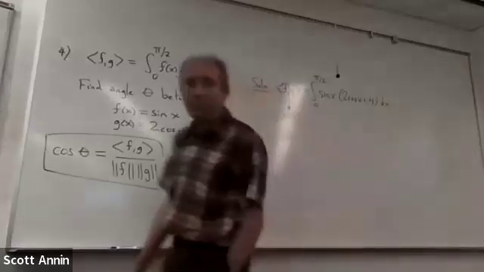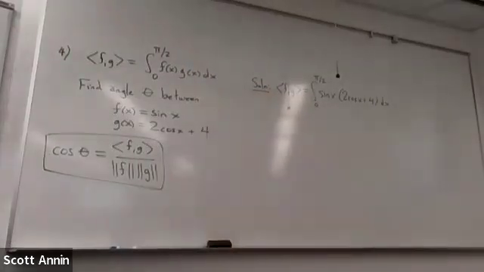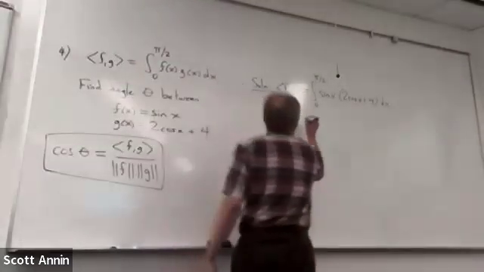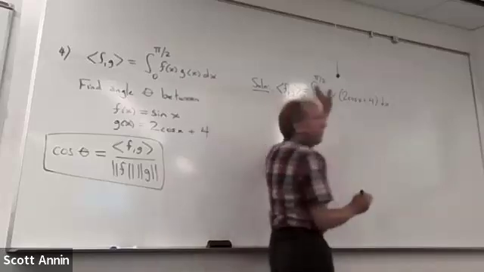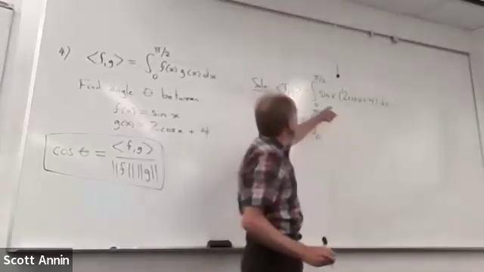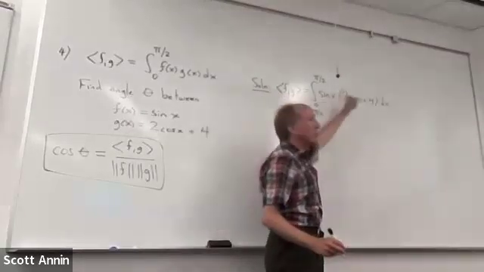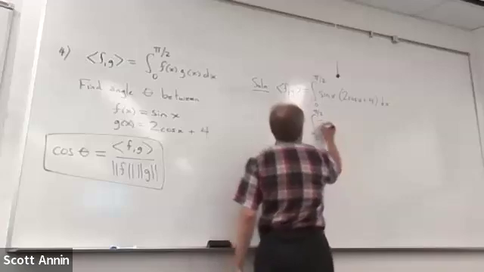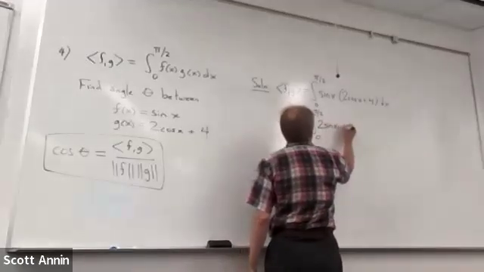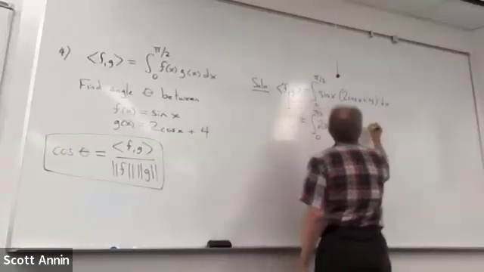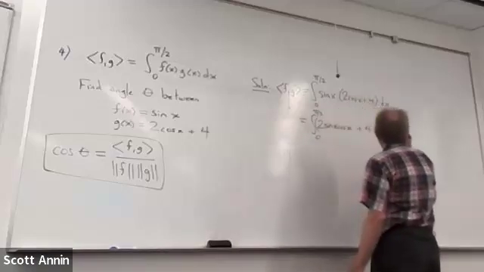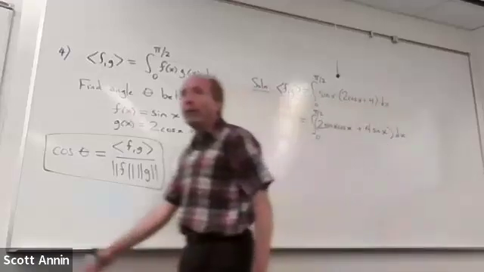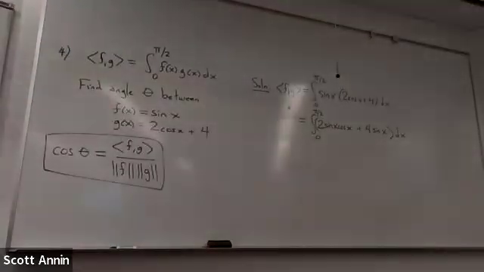Before we actually integrate that, I think it might benefit us to expand this out a little bit. 2 sine x cosine x, and then plus 4 sine x. So that's the expanded integrand.